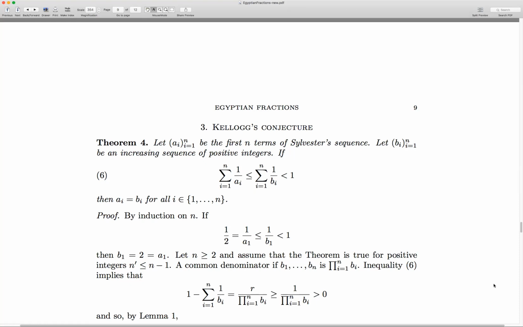A year later, another mathematician named Curtis from Northwestern published a paper in the Monthly in which he said he proved Kellogg's conjecture, Kellogg's statement. And in their book on old and new results in combinatorial number theory, Erdős and Graham mentioned the theorem, and they say it was often rediscovered, but it was first proved by Curtis.